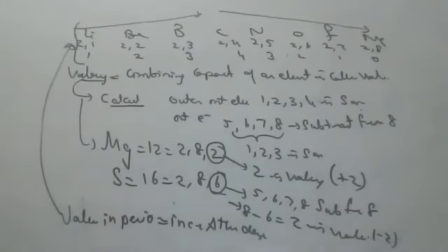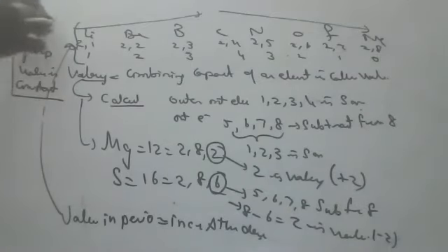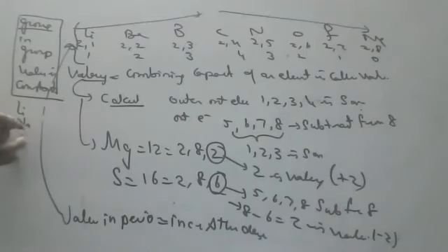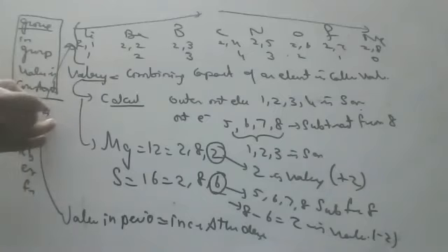How does valency vary in a group? Anyone wants to say? In a group, valency is constant. Why constant? I am showing an example: lithium, sodium, potassium, rubidium, cesium, francium.